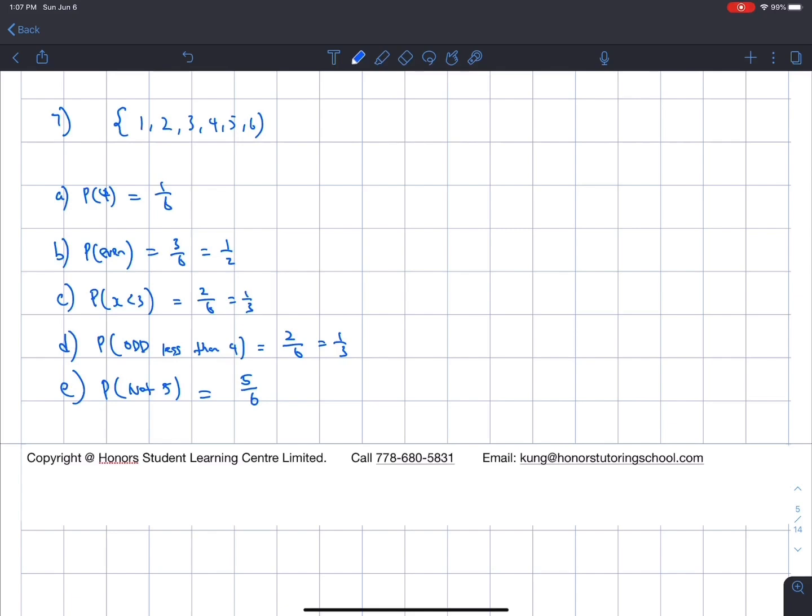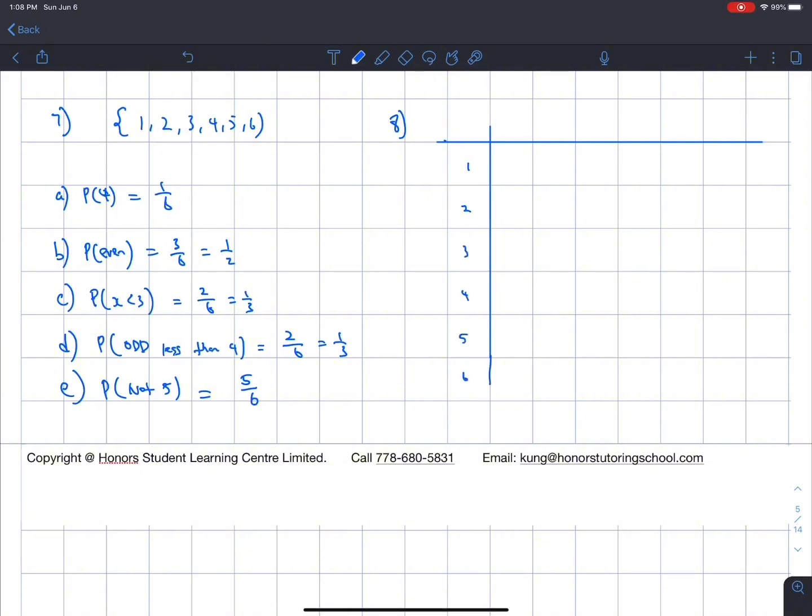Moving on to question 8. 2 fair dice are rolled. Find the probability to get a sum of 6. So we have a 2 event, so we can create a two-way table.